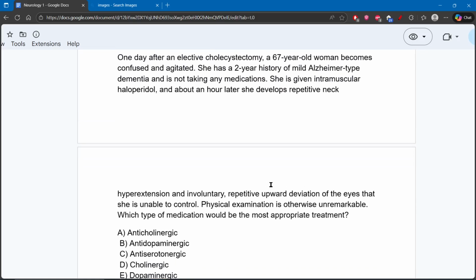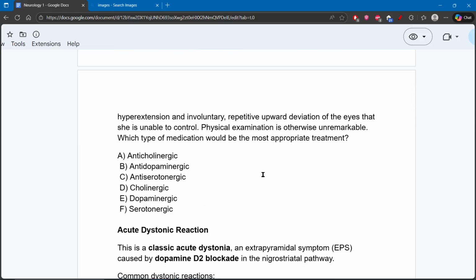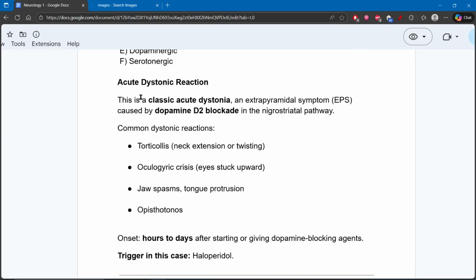Right, so you can obviously see that this has started after taking haloperidol. The repetitive neck hyperextension and involuntary repetitive upward deviation of the eyes started after taking the haloperidol, so this should be very clear. So what is happening is that she's undergoing an acute dystonic reaction.